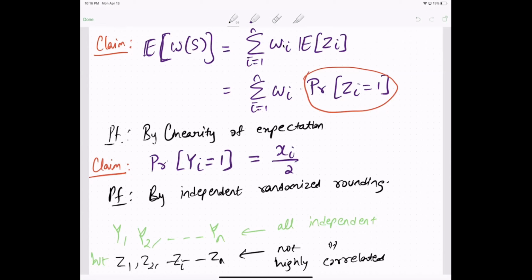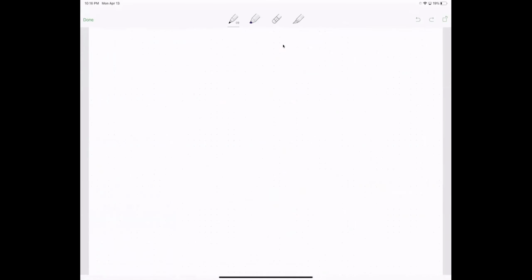So because of this, it's not straight away clear how to compute the probability of zi being equal to 1. Okay, so let's move on.